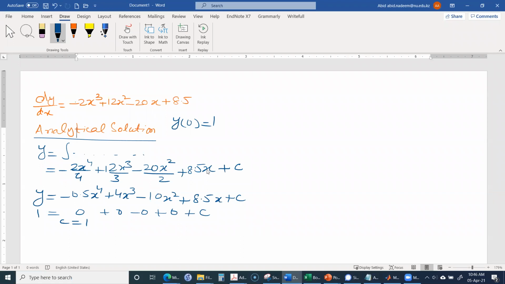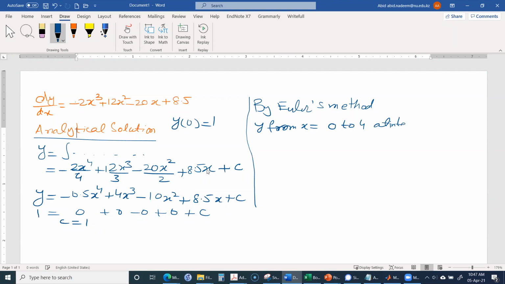But we have to estimate, by Euler's method, y from x equal to 0 to 4 at intervals of 0.5.